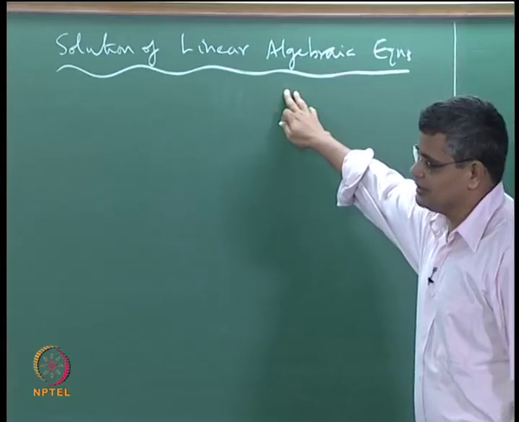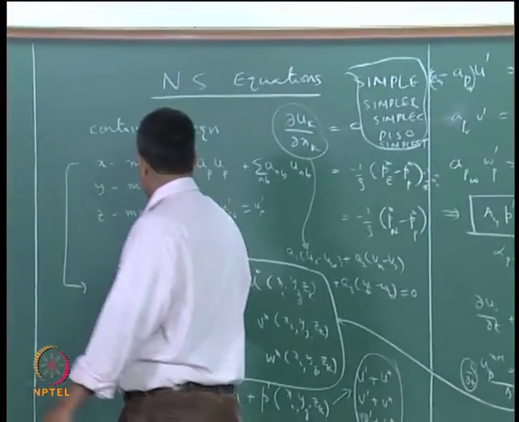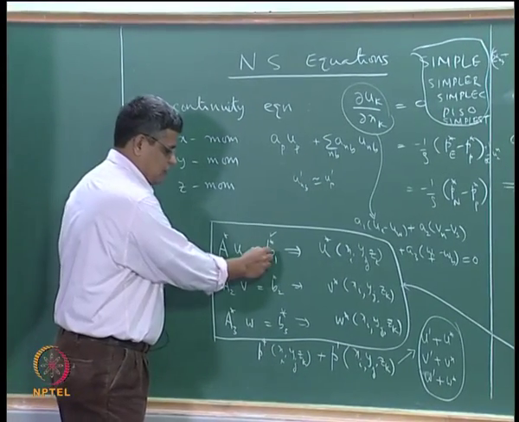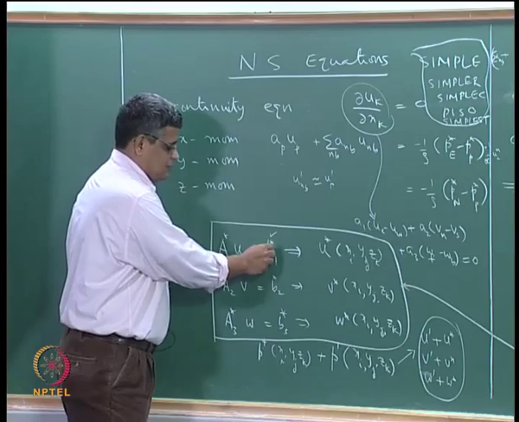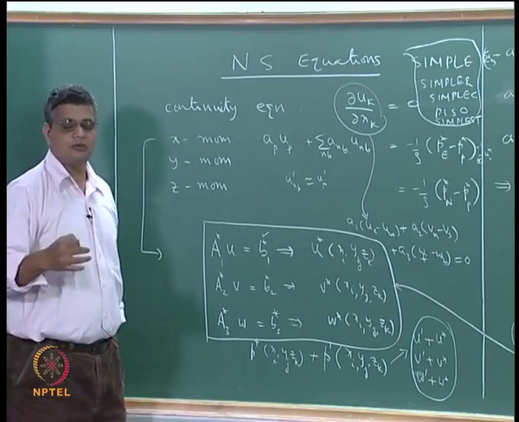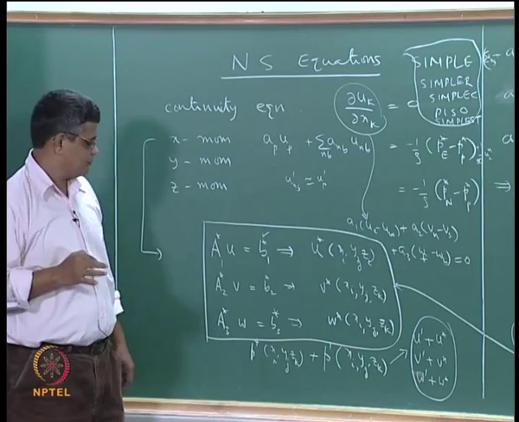What we mean by linear is the type of equation like a1 u equal to b1, in which all the elements of b1 and a1 are known coefficients. They are numerical values.